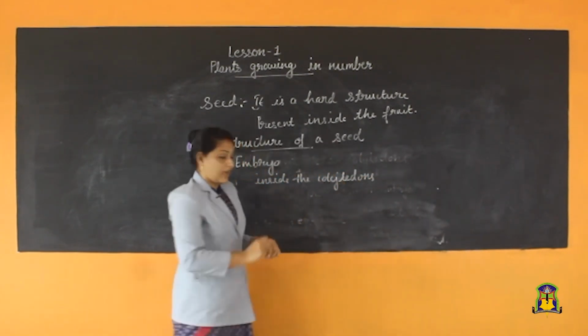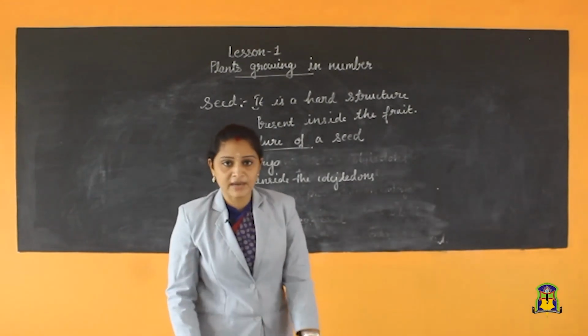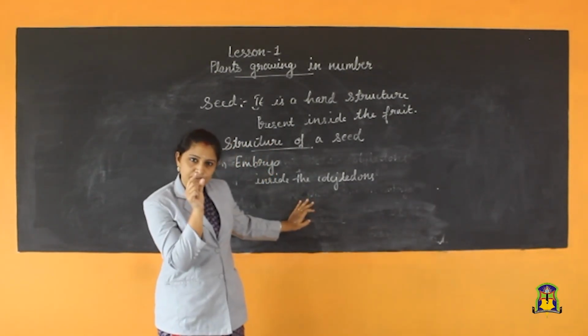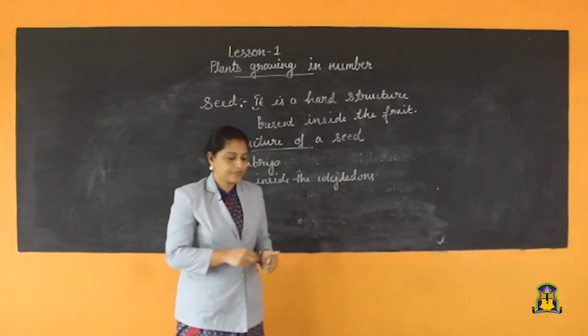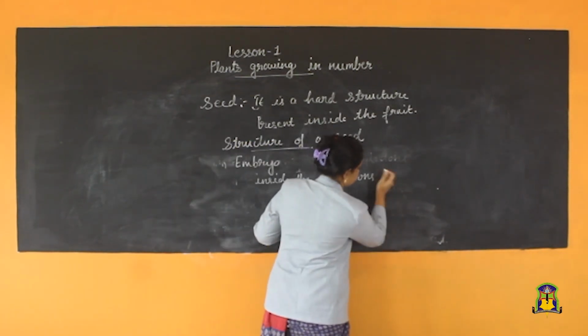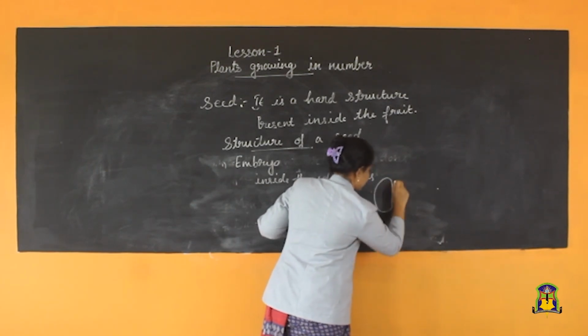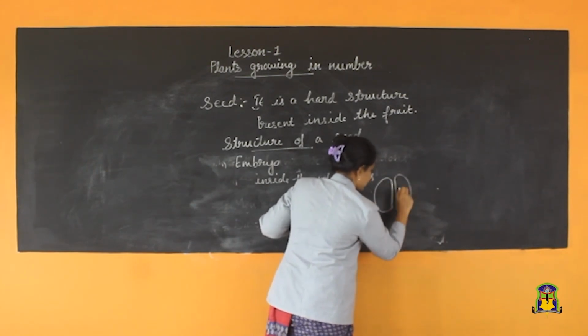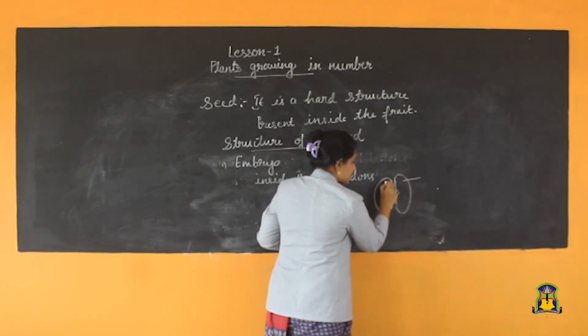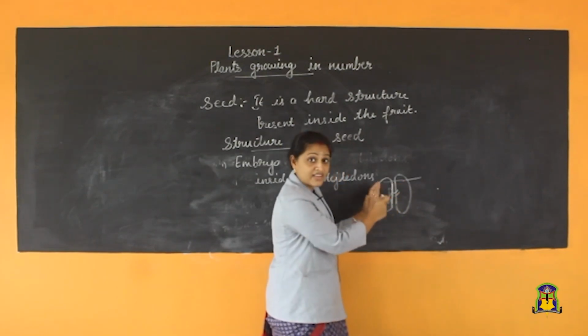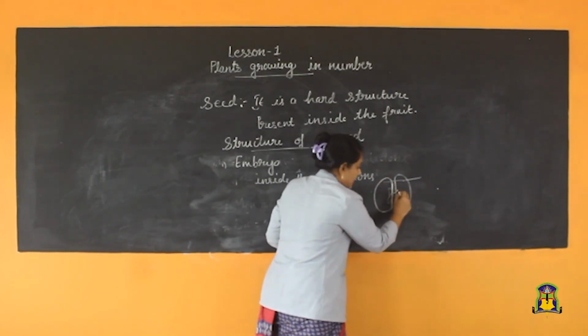And this is a baby plant, so it has two very minute parts also. I will show you, I will draw. These two parts are cotyledons, and inside the cotyledons we can see the embryo.